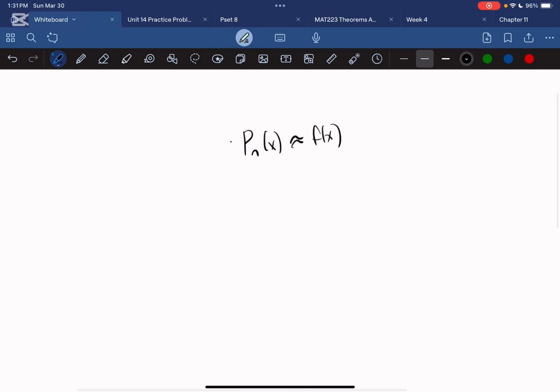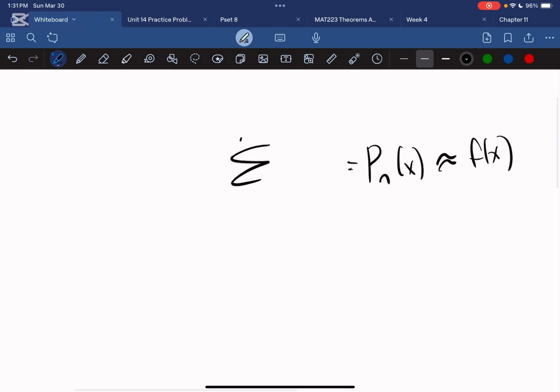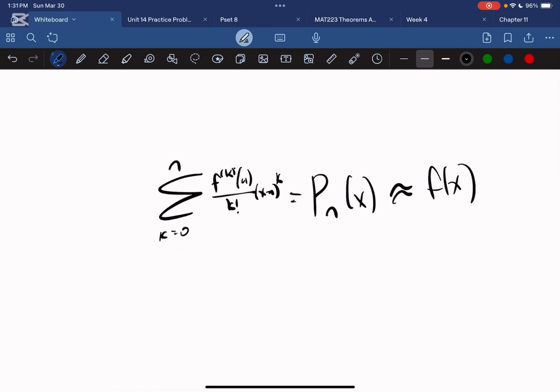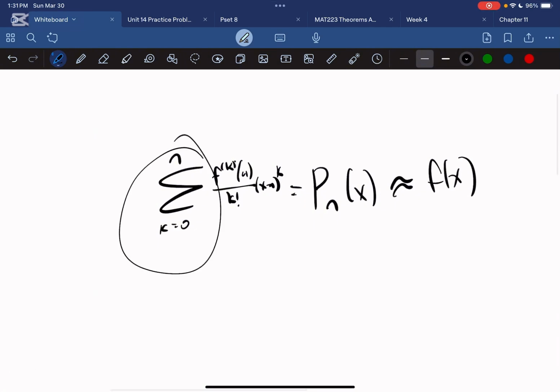It is equal to a sum to the n, starting at k, and we define it this way, assuming it is centered at a, with x minus a to the k. It is some sum of polynomials.